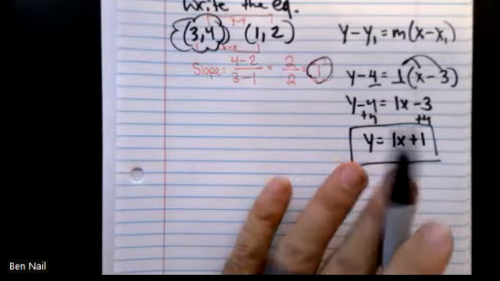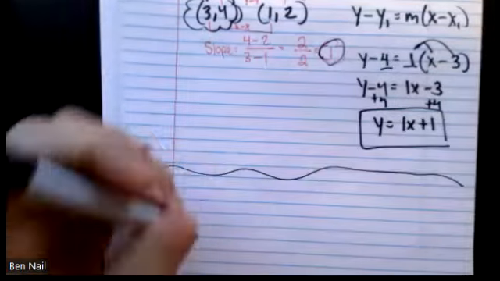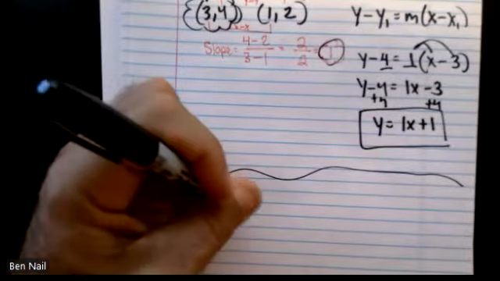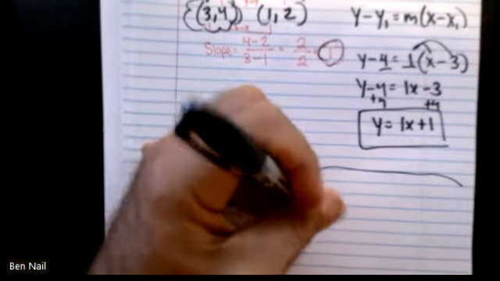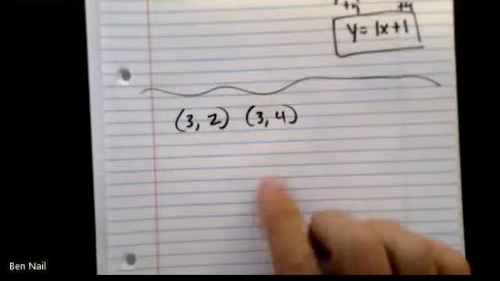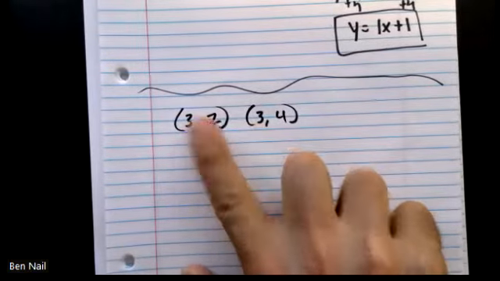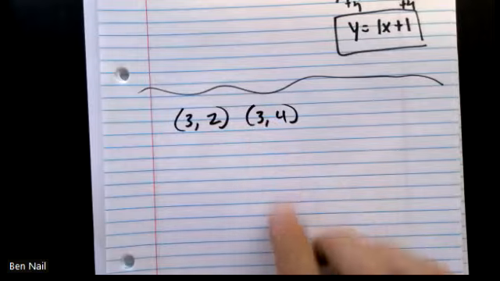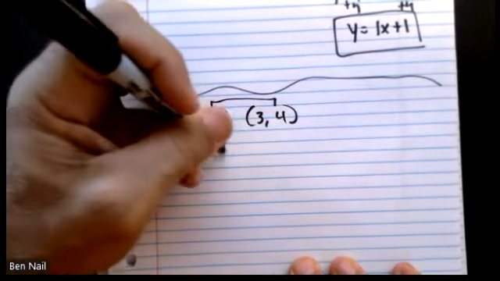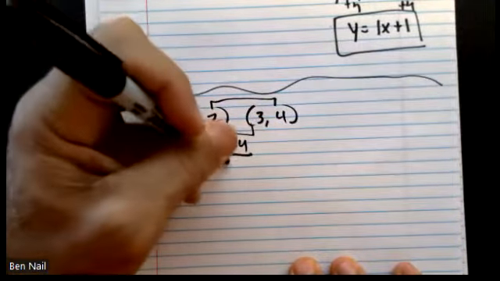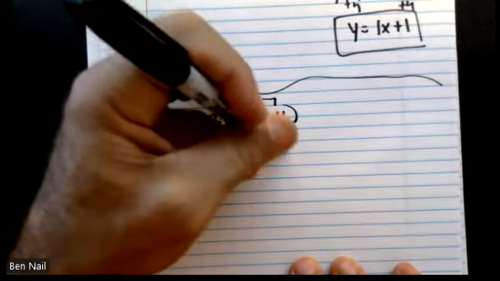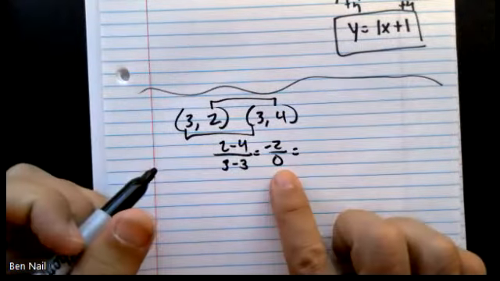Okay. Now, the only time that would change is if the 2 coordinates they give you have the same x value. Okay, remember, if we go to find our slope and we do 2 minus 4 over 3 minus 3, okay, we get 0 on the bottom.